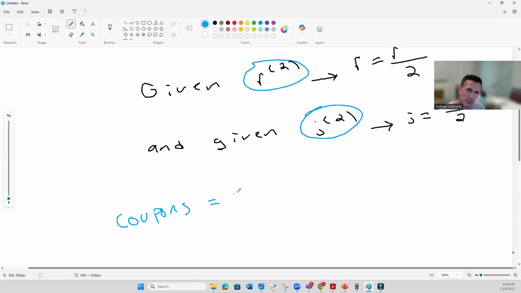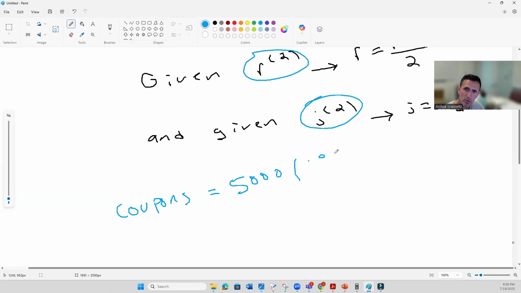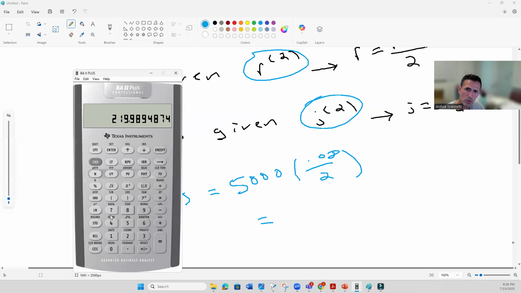Coupons every 6 months is going to be 5,000, that's my F, times R2 over 2 as a decimal, 0.08 over 2. So that's going to be $200, I think. Yeah, $200.